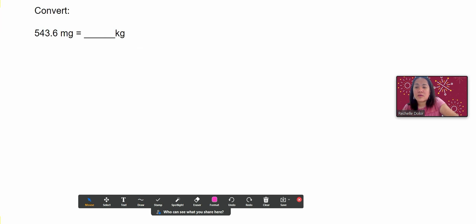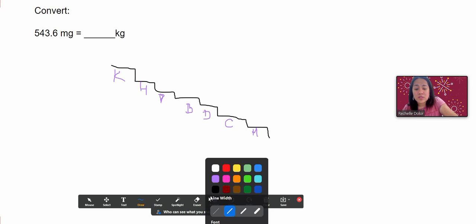Okay, milligram to kilogram. So this is going to be a little bit farther. So 1, 2, 3, 4, 5, 6, 7. So we have kangaroo helps dingo because dingo can't multiply. So the base we have here is gram, right?